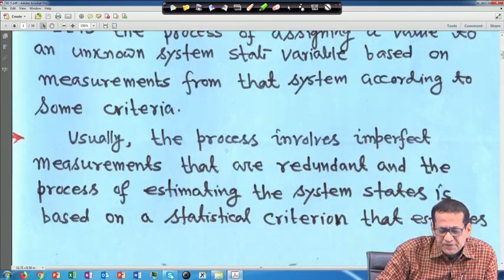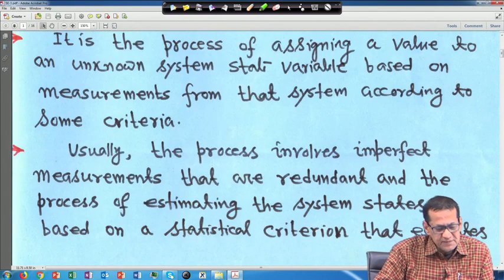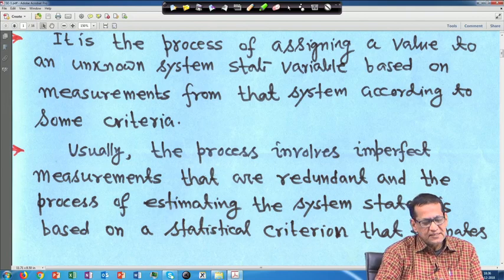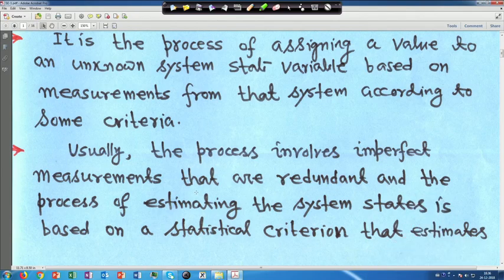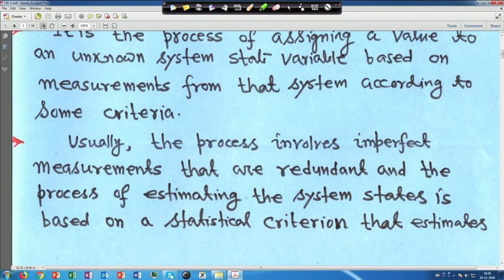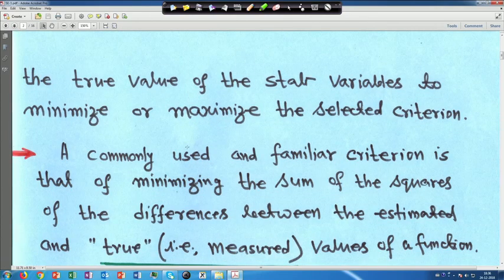Usually the process involves imperfect measurements that are redundant, and the process of estimating the system states is based on a statistical criterion that estimates the true value of the state variables. True means, in this case, the measured value, to minimize or maximize the selected criterion.